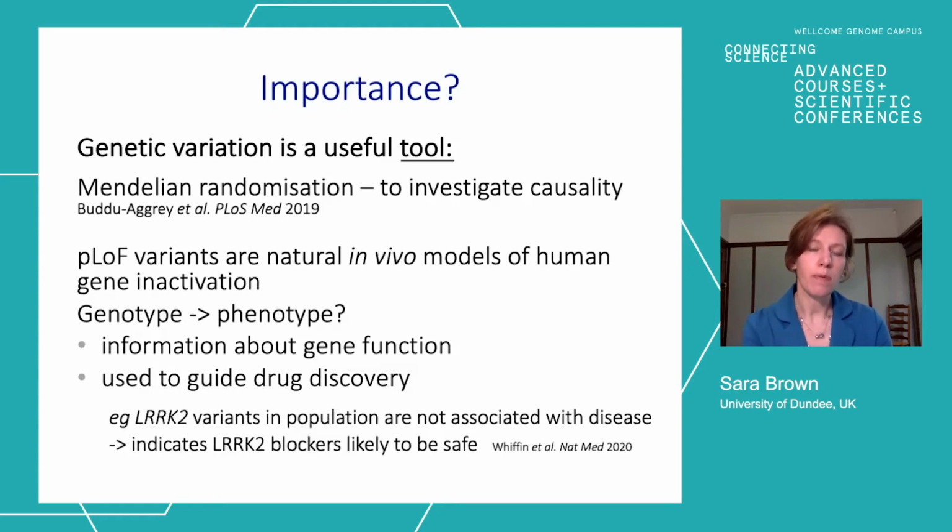So if you look on a population level and find that variants, for example, in this LRRK2 gene in the population are common and are not associated with disease, that gives us confidence that we can design drugs to block that gene, and this is predicted not to have a detrimental effect, so those drugs are hopefully going to be safe. And the example given here are LRRK2 blockers that are going to be used for treating Parkinson's disease.